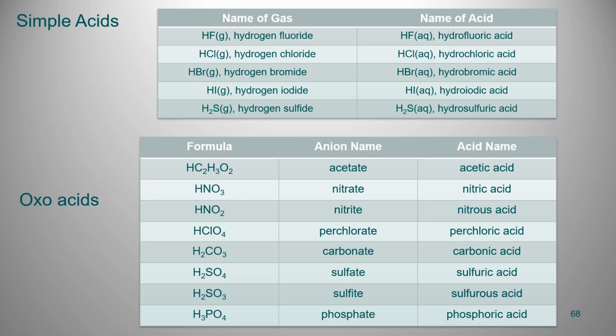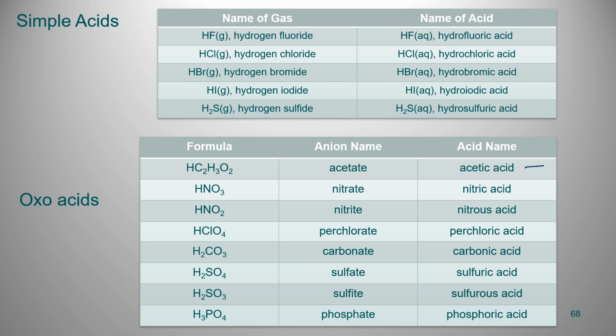So again, here are the ones I just went over. I would know the top 2 common simple acids, and then like I said, you should probably know acetic acid also. So the hydrogen with the acetate ion is acetic acid.